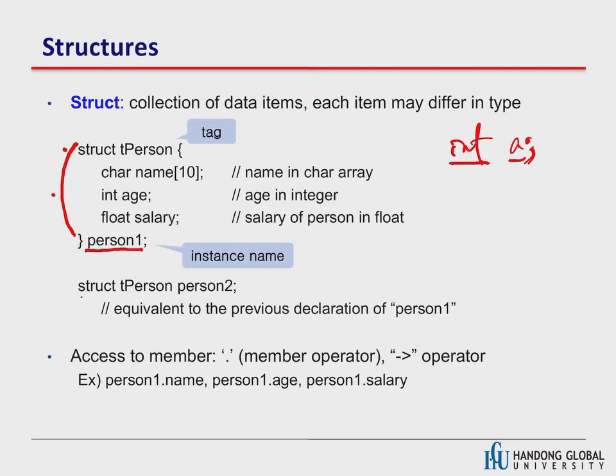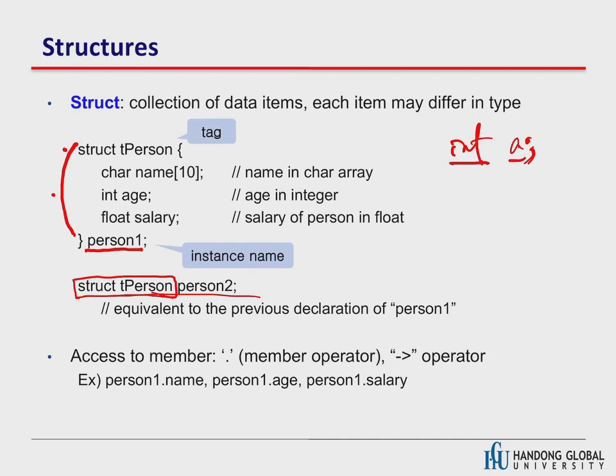And once we have a structure, we can declare another structure variable, person2. We'll talk about type definition later, but in this case, we don't have typedef, so we have to use this one.